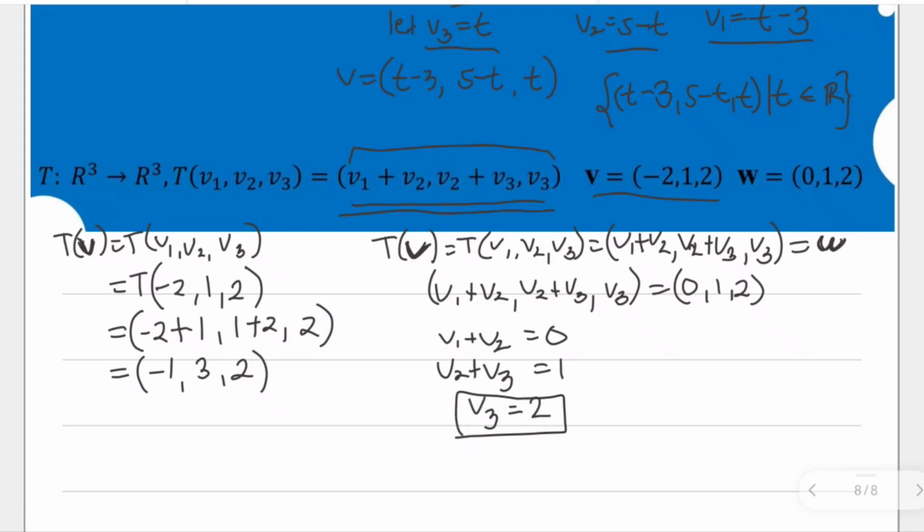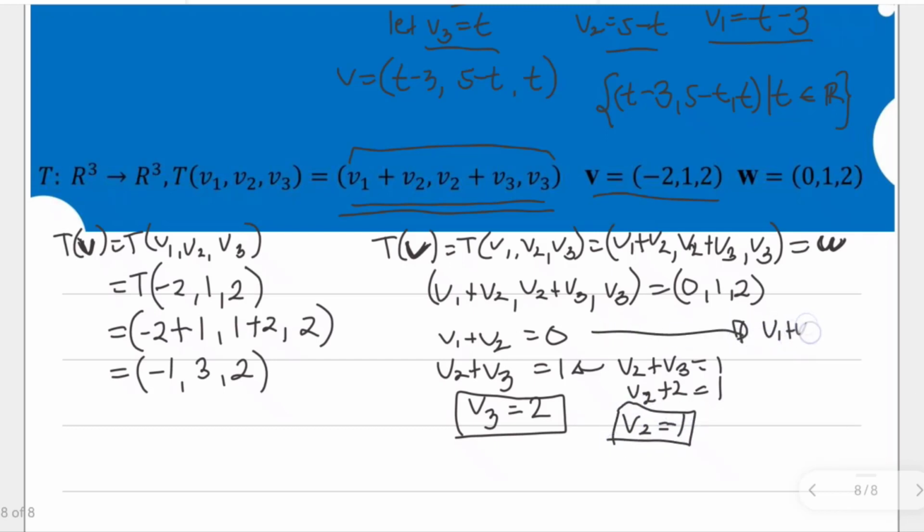If we use that value here, V sub 2 plus V sub 3 equals 1, so V sub 2 plus 2 equals 1. You will have V sub 2 equal to negative 1. And for here, V sub 1 plus V sub 2 is 0, so V sub 1 plus negative 1 equals 0, and V sub 1 is positive 1.